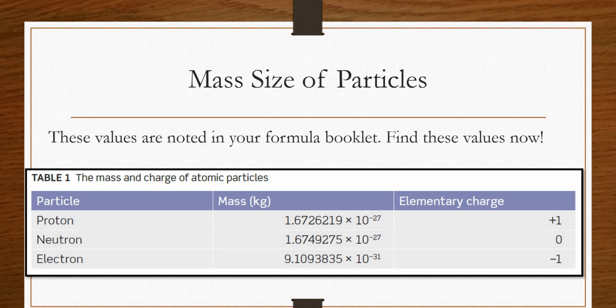Hey, how much mass does a photon have? A photon is a particle with zero mass. Yeah, a photon is a particle without mass, so there's no atomic mass.